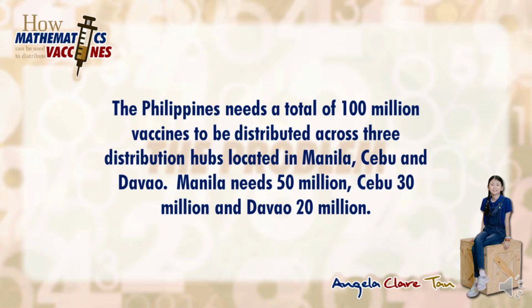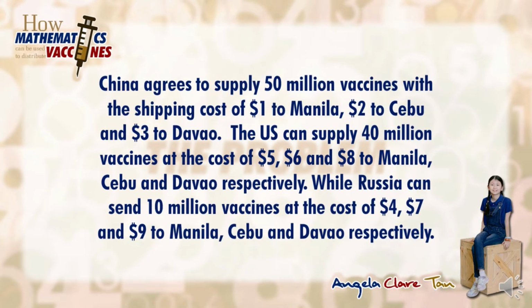The Philippines needs a total of 100 million vaccines to be distributed across 3 distribution hubs located in Manila, Cebu, and Davao. Manila needs 50 million, Cebu 30 million, and Davao 20 million. China agrees to supply 50 million vaccines with the shipping cost of $1 to Manila, $2 to Cebu, and $3 to Davao.